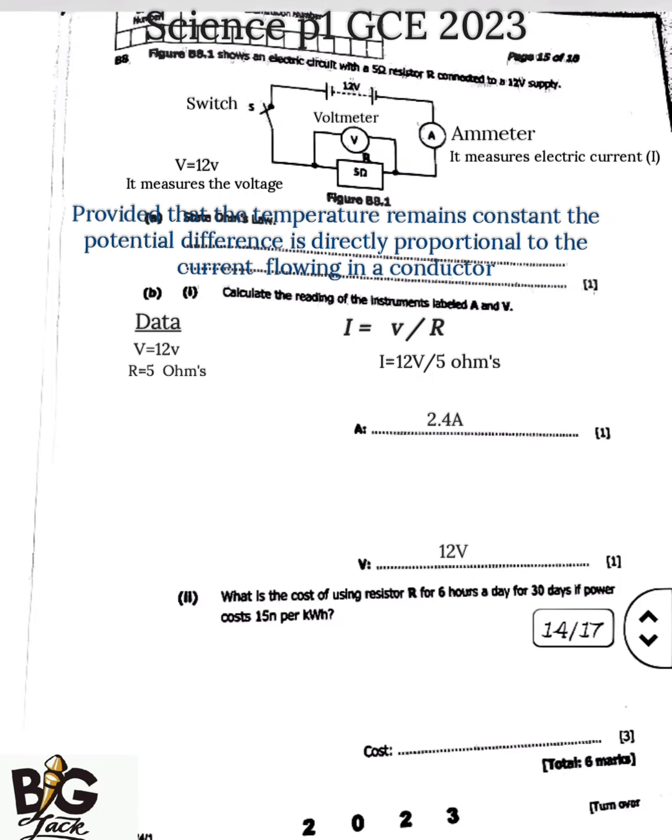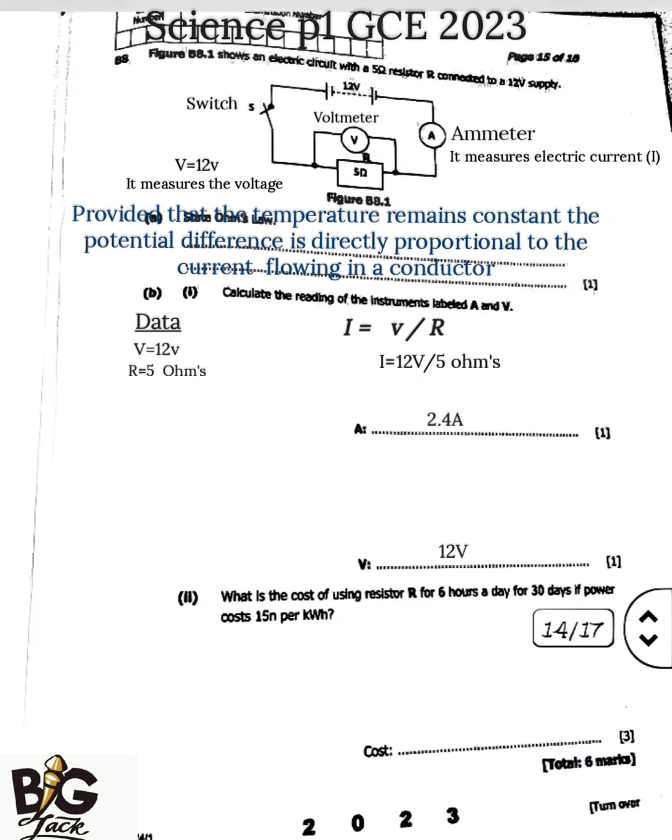The last one is Roman numeral 2, which says: what is the cost of using resistor R for 6 hours a day for 30 days if power costs 15 ngwe per kilowatt hour? When you are calculating the cost of electricity, the first thing you need to find is the energy.